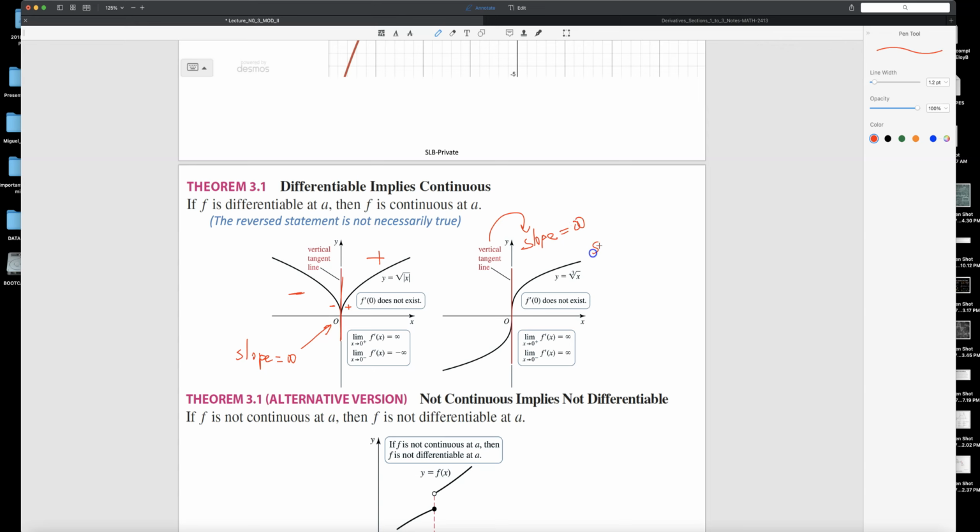So the derivative at this point does not exist. Okay? So that is something that I want you guys to keep in mind.